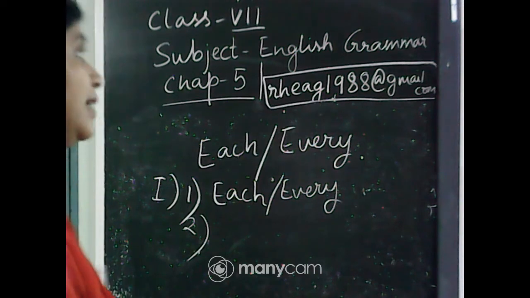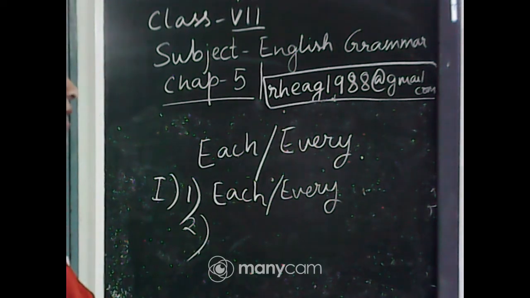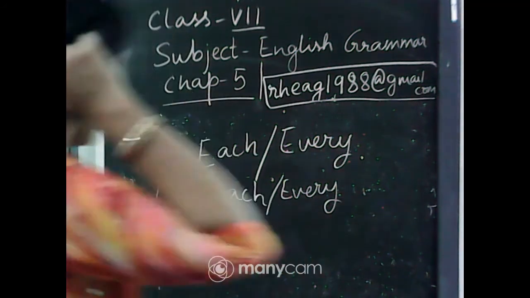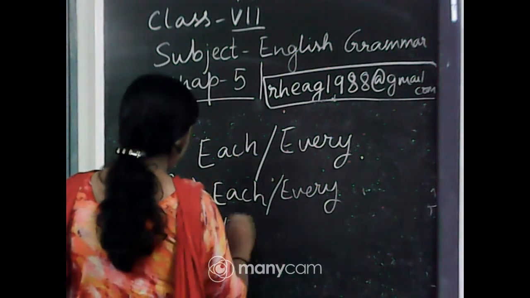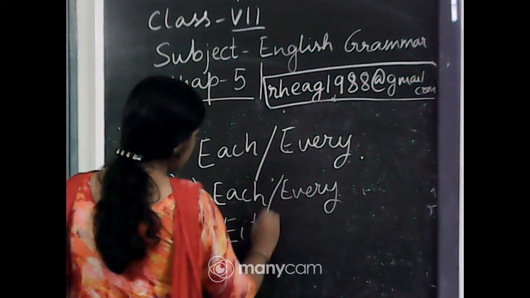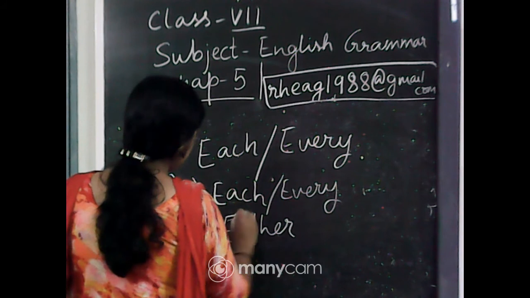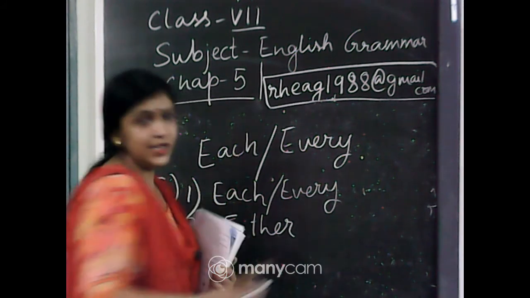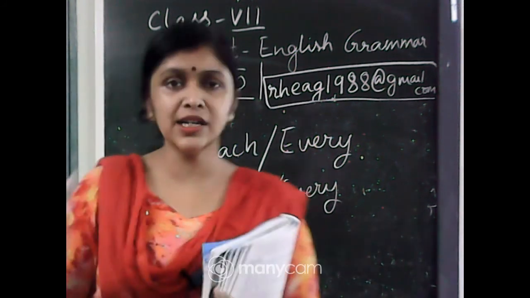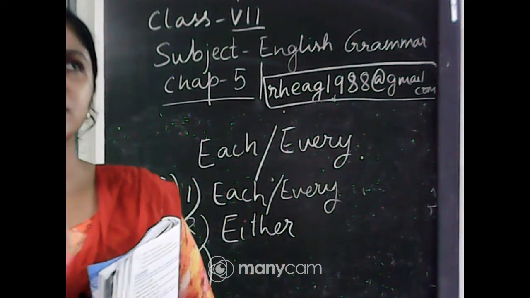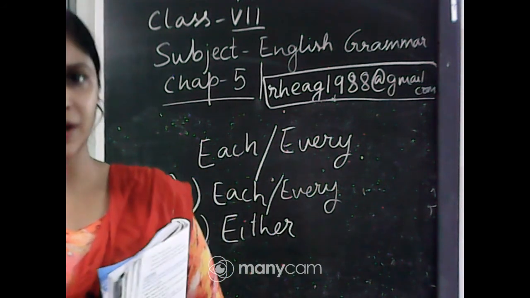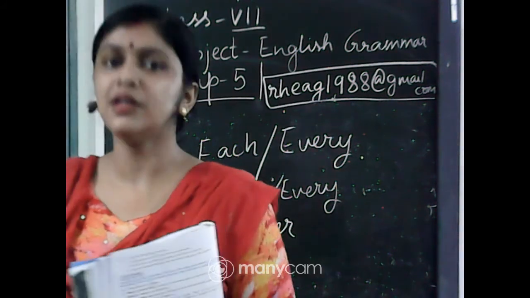Read the sentence on your own and understand why I have written either. Because already one negative has been supplied at the beginning of the sentence. What is being implied is that she does not listen to any one of her parents. Both her parents are not listened to by her.